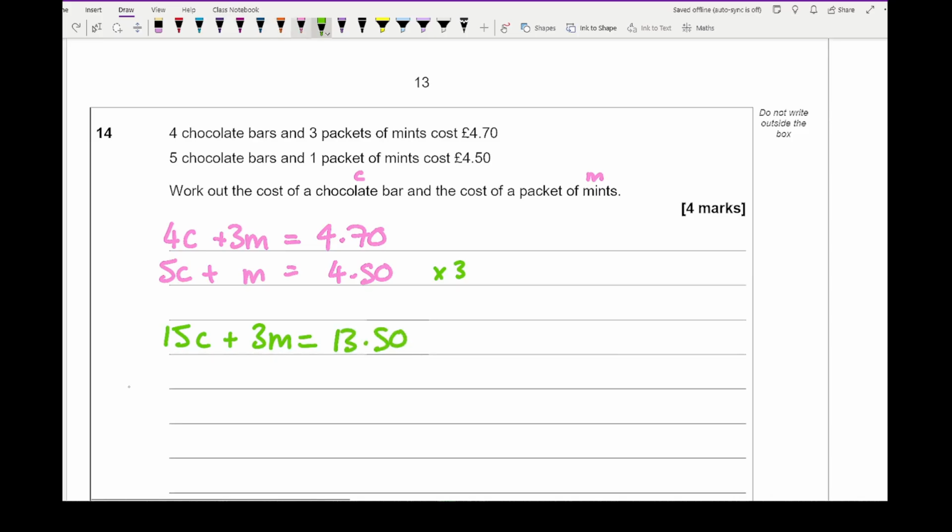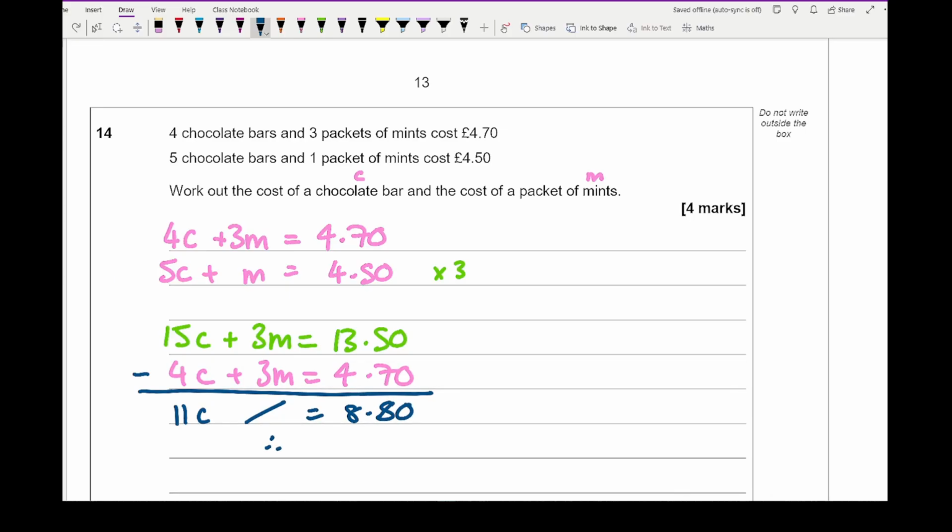If I move the first equation down, I get this. As my M's are both the same sign, I now need to take away the two equations. 15C take away 4C is 11C, the M's cancel out, and £13.50 take away £4.70 is £8.80.